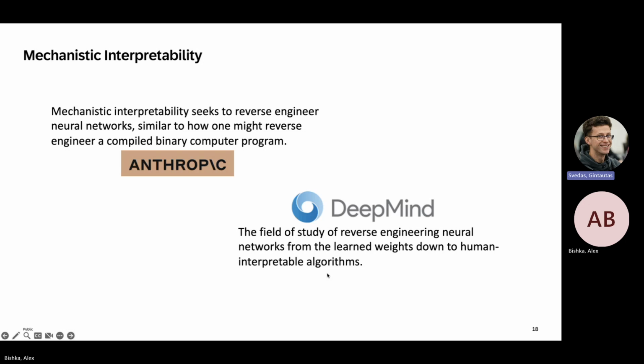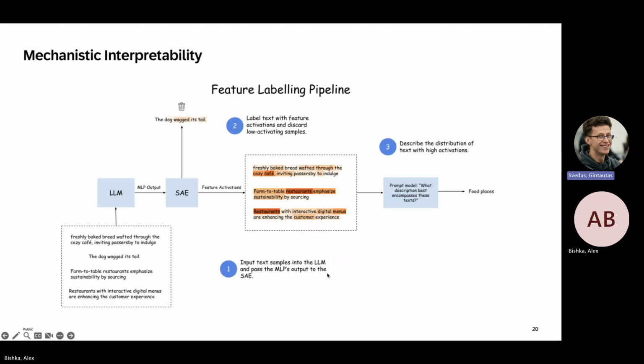And that's why I really prefer DeepMind's definition, because it has this explicit mention of that breakdown being human interpretable. And to go a little bit further into this field of trying to understand LLMs from a fundamentals perspective, I'll briefly cover what is pretty much state of the art coming from Anthropic.